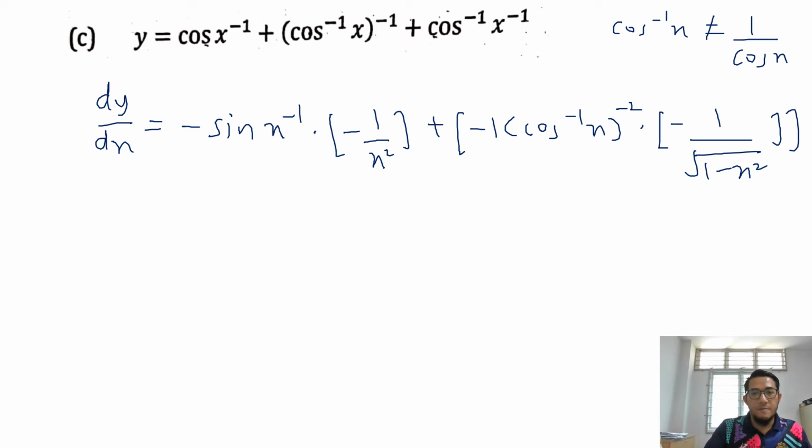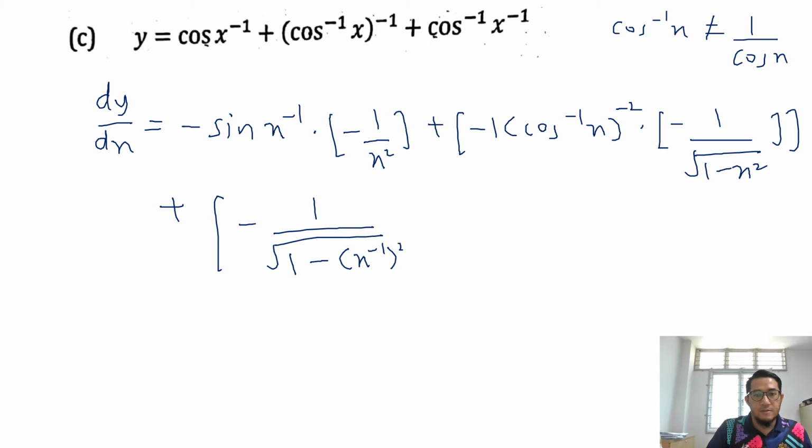And then plus the third one, cos inverse x power of negative 1. Differentiate cos inverse, you should get negative 1 over square root of 1 minus x power of negative 1 squared. And then differentiate x power of negative 1, you get negative 1 over x squared.